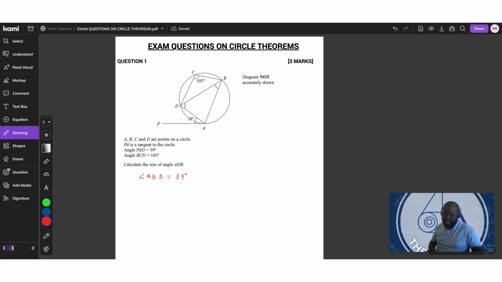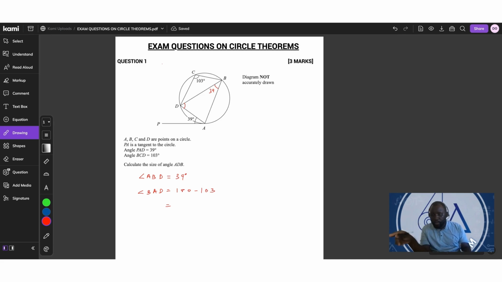So if ABD is 39 degrees, then I have already solved a part of this. There's a second angle I can easily solve. That is angle BAD to finish this triangle. Now angle BAD is going to be equal to 180 minus 103. So again, we are not writing our reason.